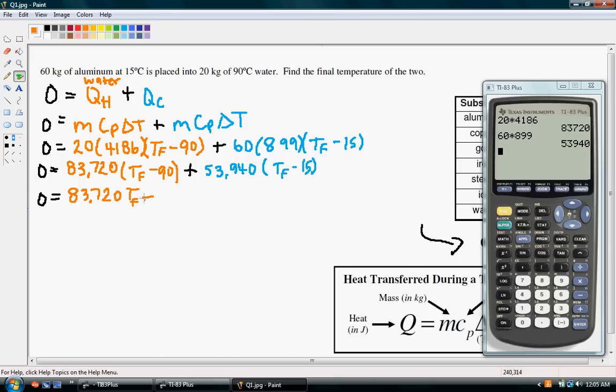Now we know the next number is going to be minus, because this is a negative 90. And we're going to multiply 83,720 by 90, or negative 90, but we already know this is going to be negative here. So it looks like 7,534,800.